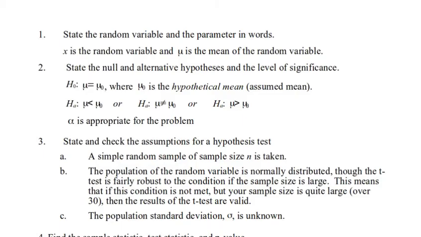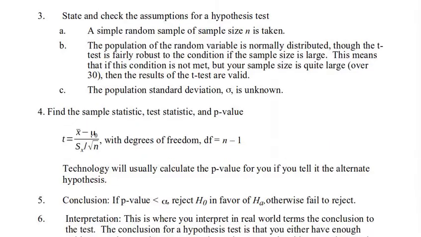So just like before, the null hypothesis is the manufacturer's claim or the government data, mu equals mu null, where mu null is the hypothetical mean, the assumed mean, or the stated mean. There's still 3 choices for the alternative hypothesis, that the population mean is less than what's claimed, not equal to what's claimed, or more than what's claimed. And then we choose an appropriate level for alpha.